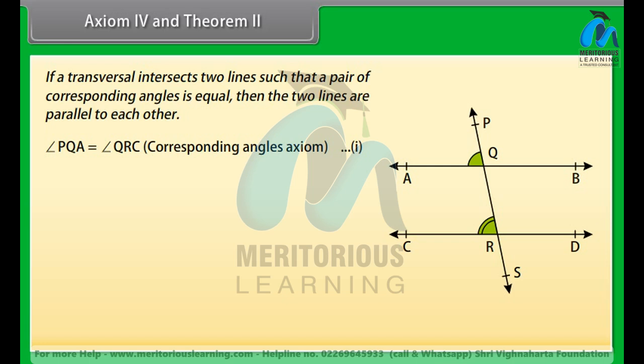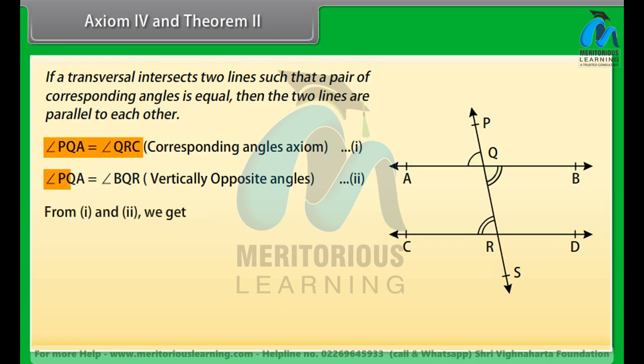Mark it as 1. Also, angle PQA is equal to angle BQR because these are vertically opposite angles. Mark it as 2. So from 1 and 2 we may conclude that angle BQR is equal to angle QRC.